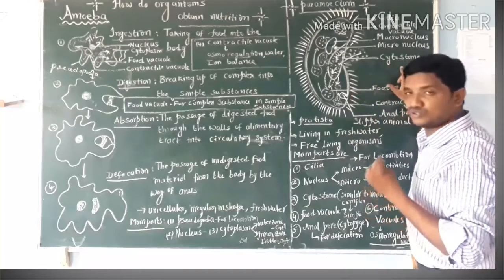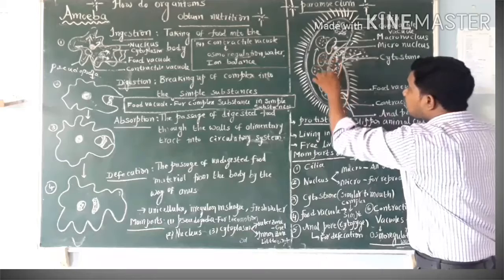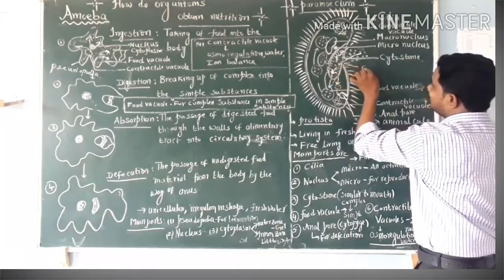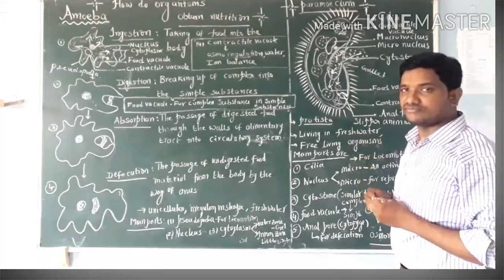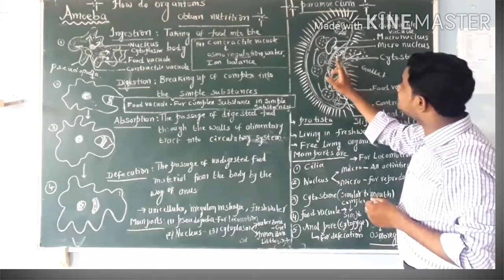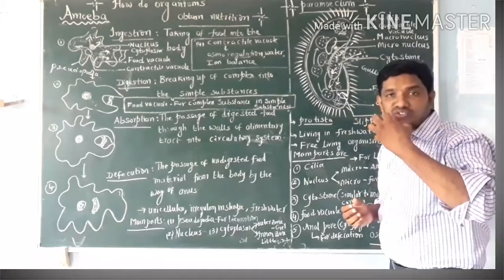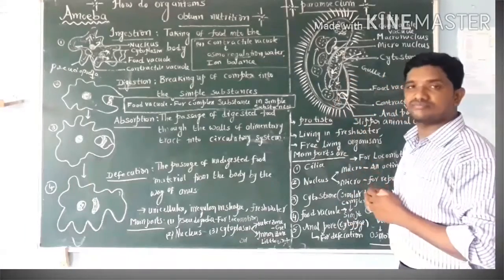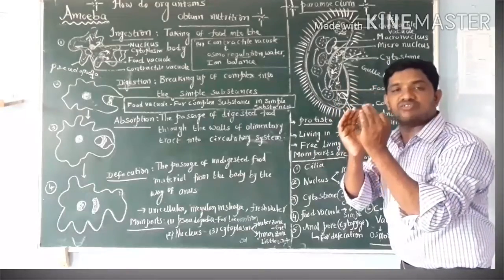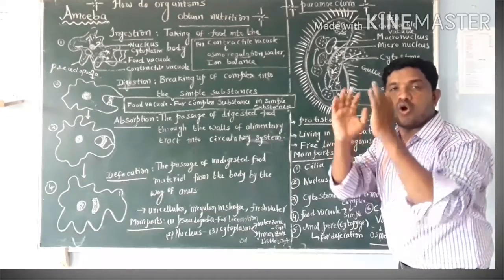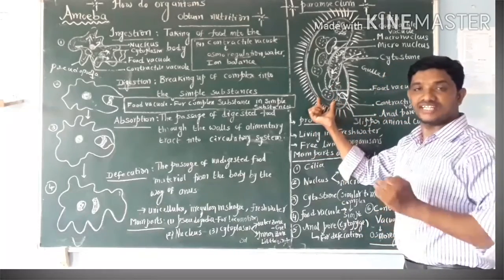It forms a gullet. This is the gullet, a tube-like structure. The gullet has cilia. When it collects food materials through this tube, it fuses around the food materials and forms a food vacuole.